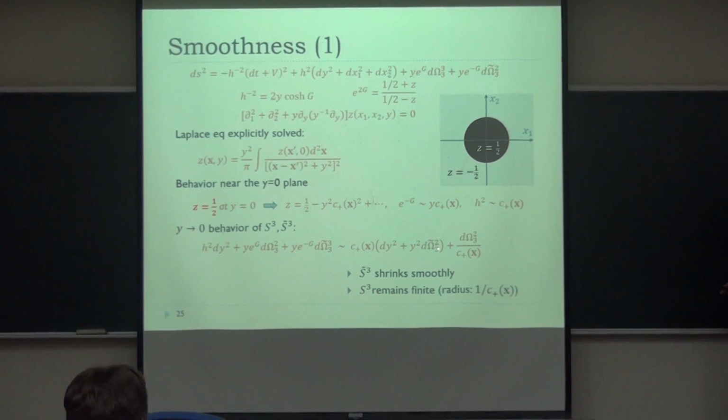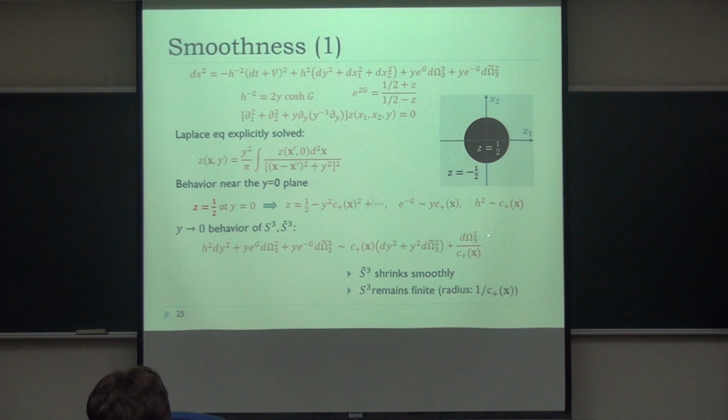So this is a 3-sphere, and this 3-sphere is shrinking because you have this coefficient y squared. So the S3 is shrinking, but it's shrinking in the right way, so that this part and this part combine to make an S4. So this is a smooth shrinking.